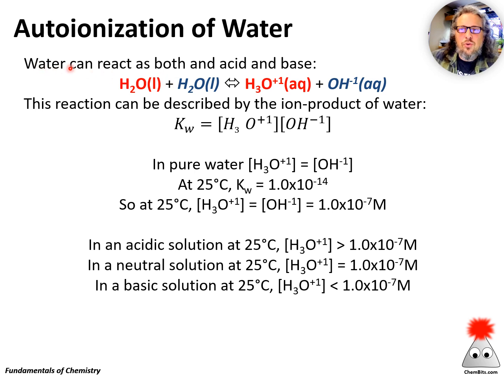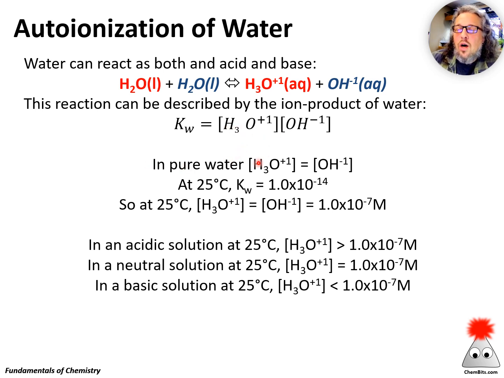That gets us to the whole idea of water. Is water strong or is water weak? Well, water can react as both an acid or a base. We looked at that previously when we were looking at conjugates, and we can look at our equilibrium expression and the Kw, the ion product of water, the autoionization constant for water, to give us some idea of that.